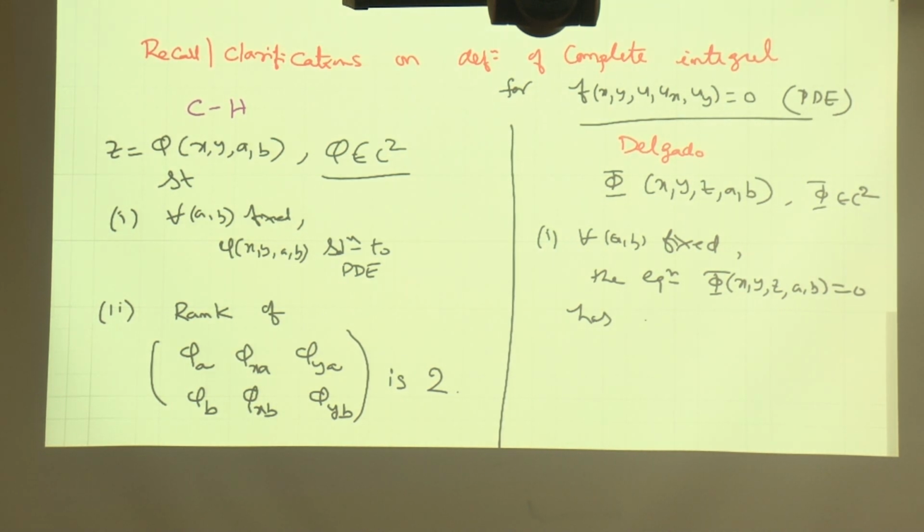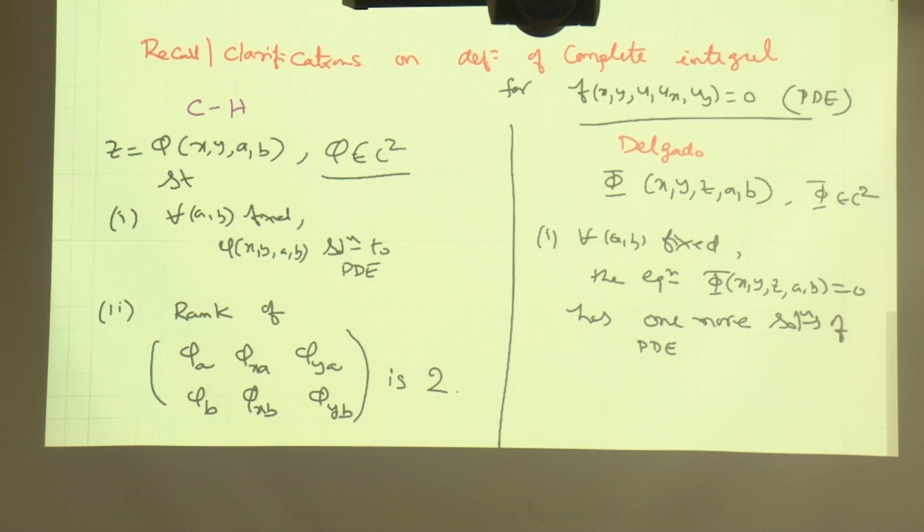Has one or more also okay. Imagine x square plus y square plus z square equal to 1 or something. So you can have two values. So one or more solutions of the PDE.